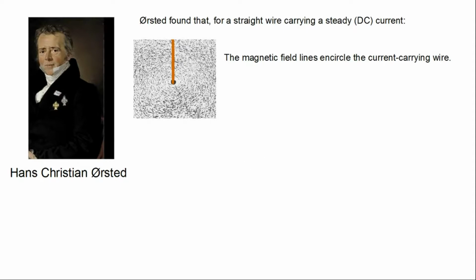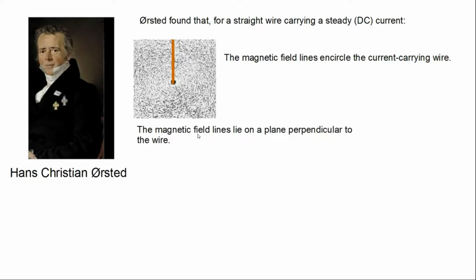So this is a picture of a piece of paper with a conductor poked through it. It has current, and someone shook iron filings on the paper, and you can see these circular fields being shown by the iron filings there.